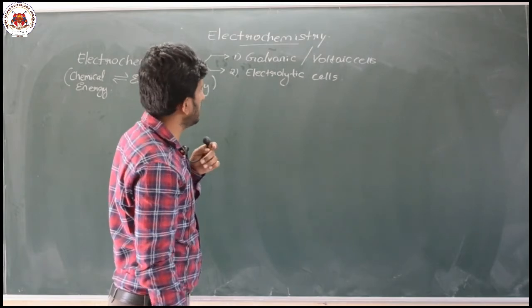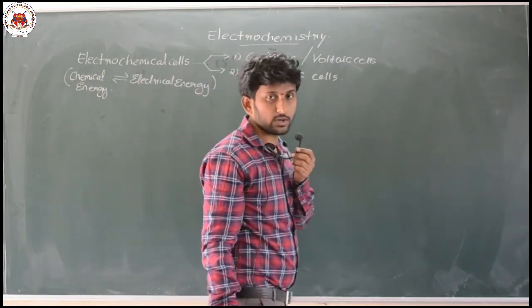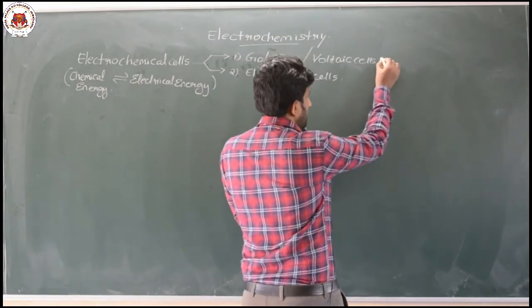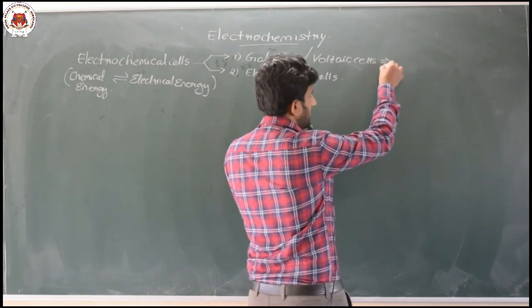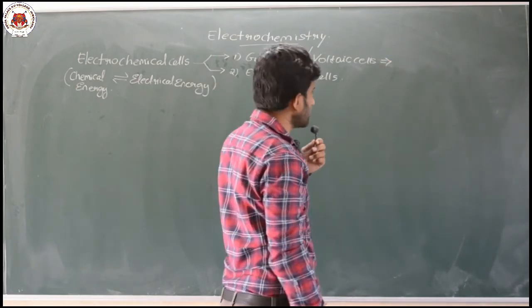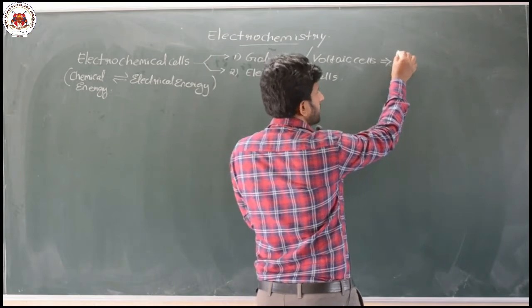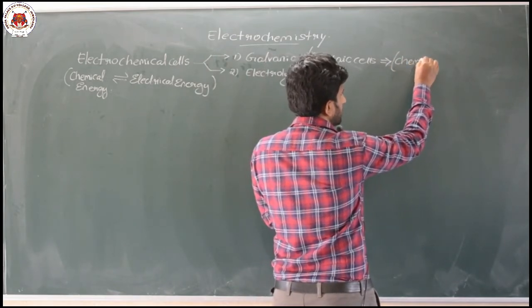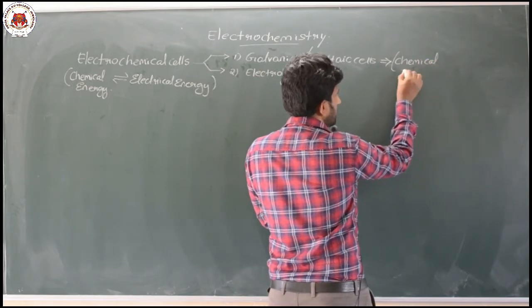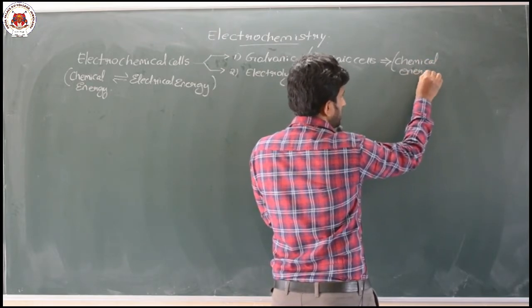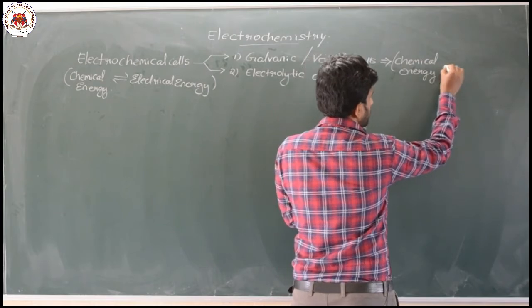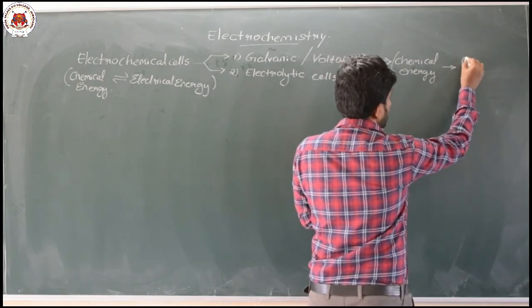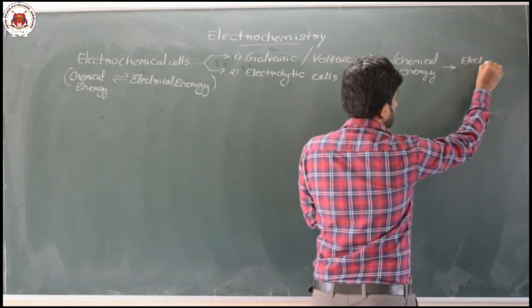Now what are galvanic cells or voltaic cells? These are electrochemical cells which convert chemical energy to electrical energy.